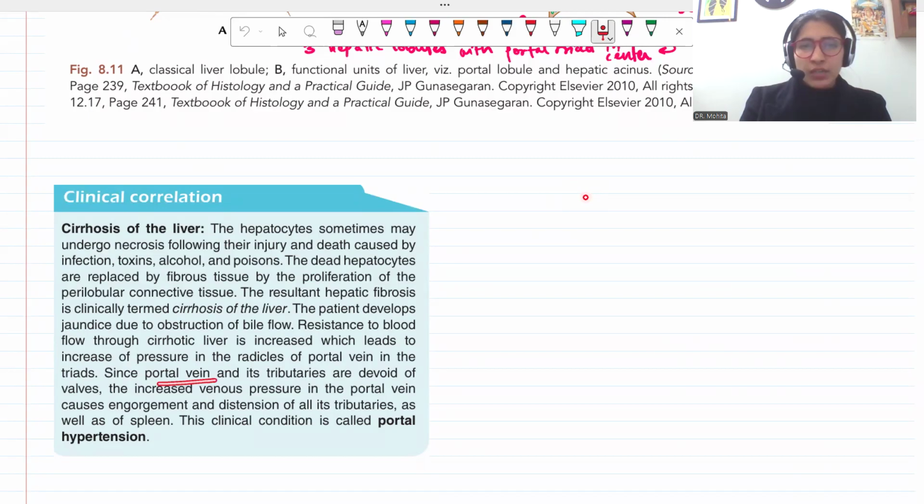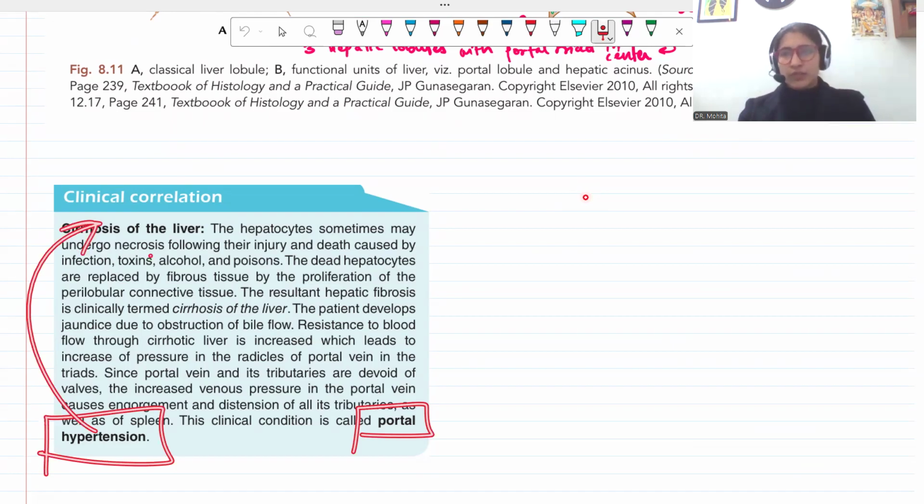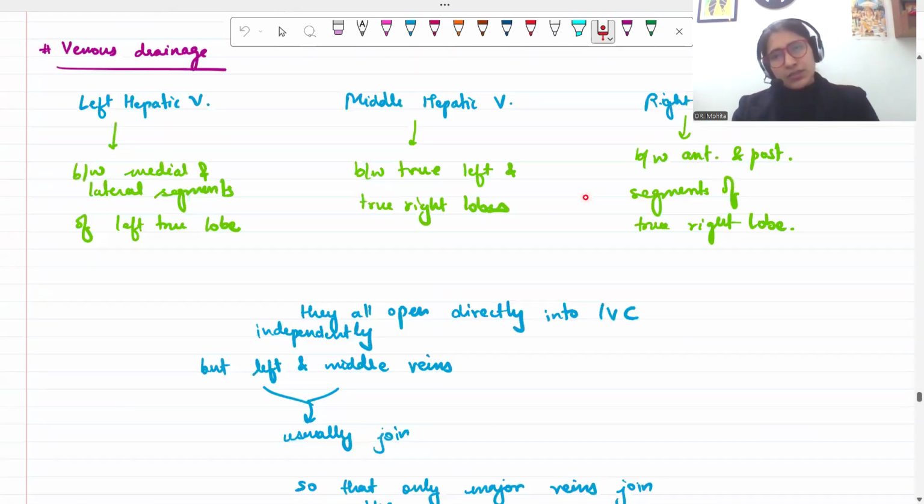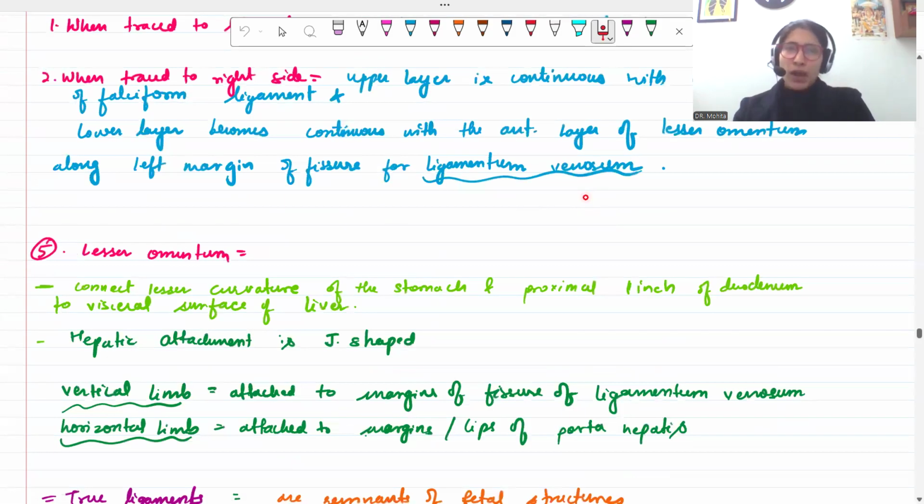Since the portal vein and its tributaries are devoid of valves, the increased venous pressure will cause distension of all its tributaries. They will distend. Got it? And that is portal hypertension caused by cirrhosis of liver. And that's it. That was all about liver.